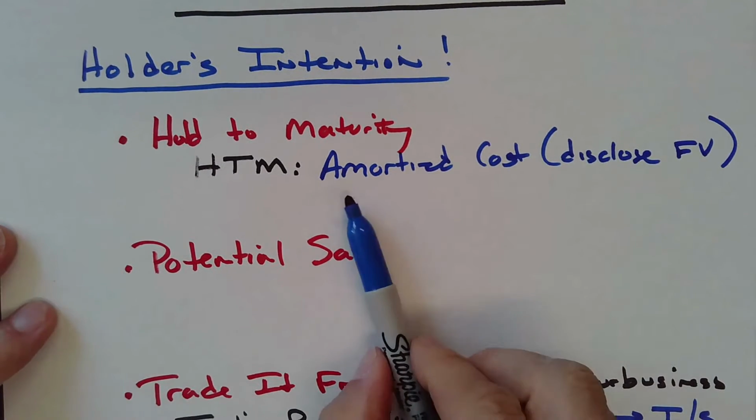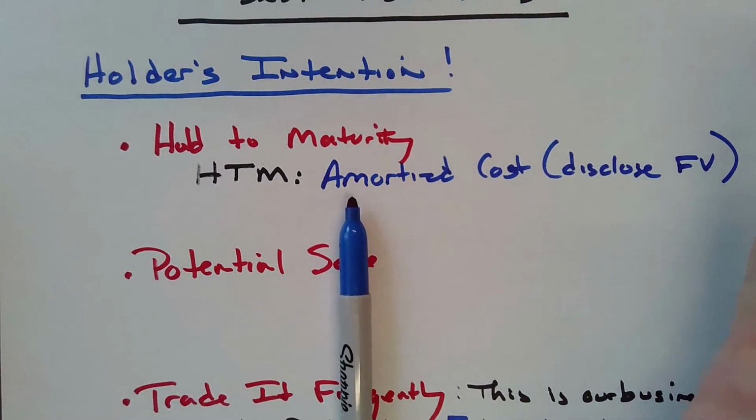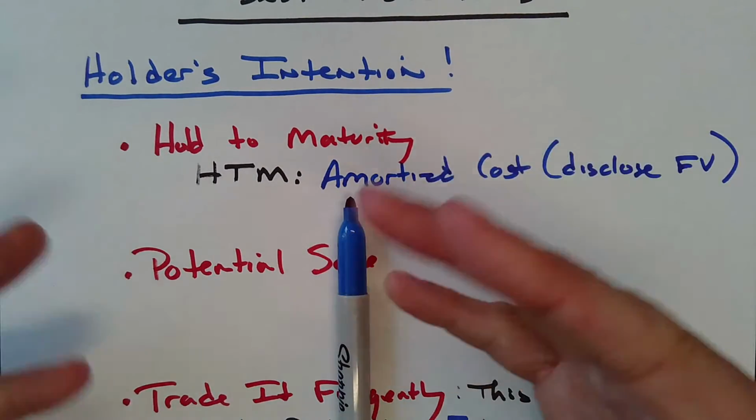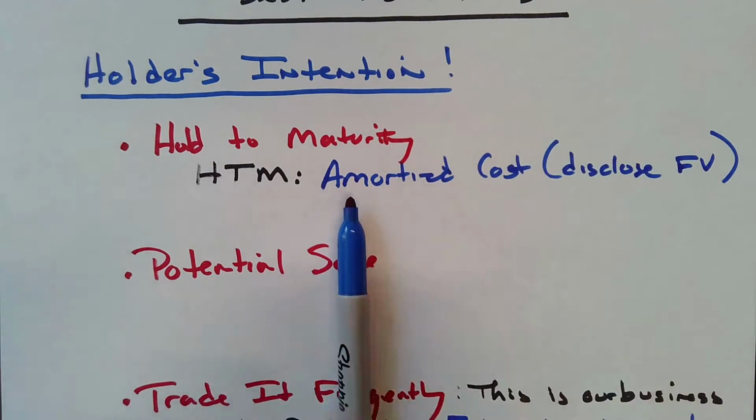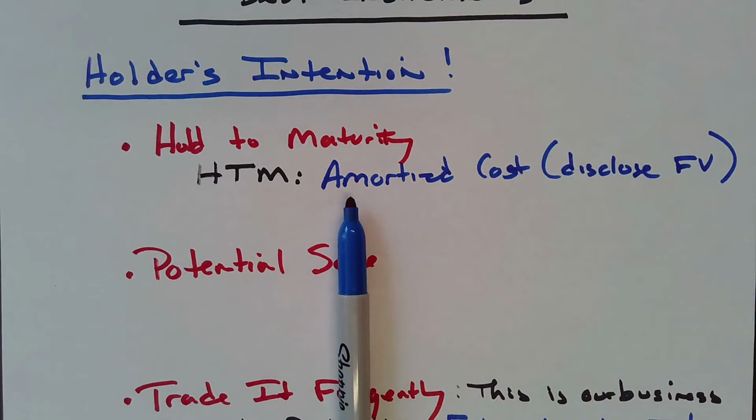So what amortized cost means is whatever I paid for it, plus or minus any premiums or discounts and all sorts of interesting things that we'll chat about when we talk about long-term debt.